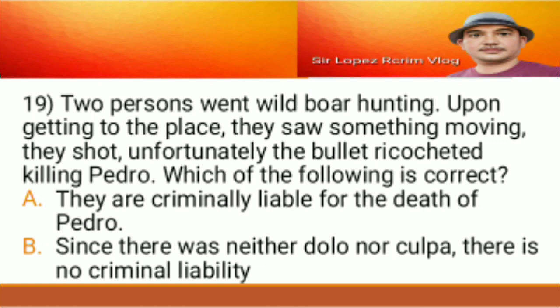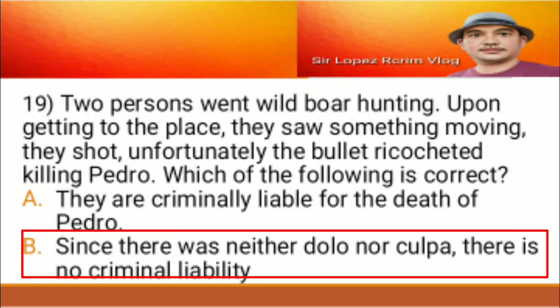Letter B, since there was neither dolo nor culpa, there is no criminal negligence. The correct answer is letter B. There was no dolo or culpa in the situation because it is only a matter of accident. Hindi naman ito sinadya at hindi naman sila negligent sa pangyayaring yan. Therefore, no criminal liability is committed.